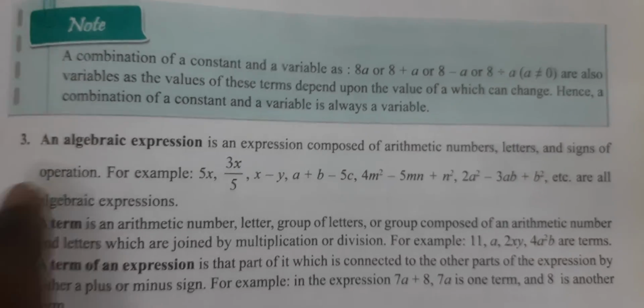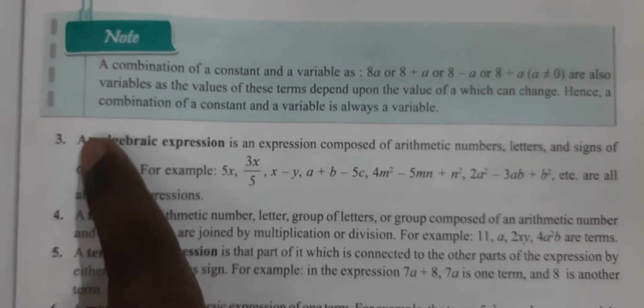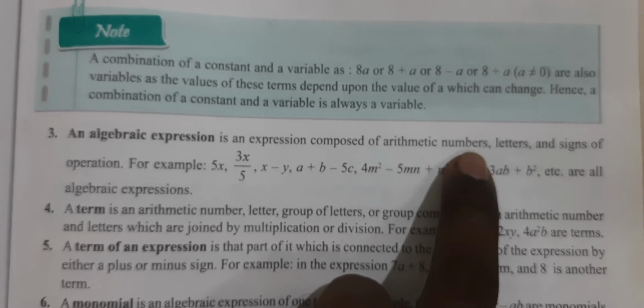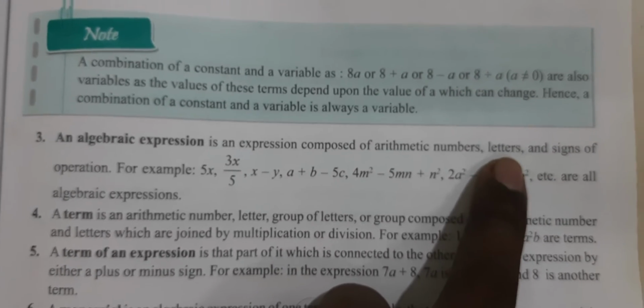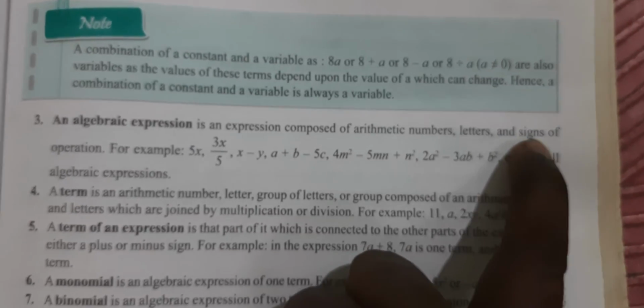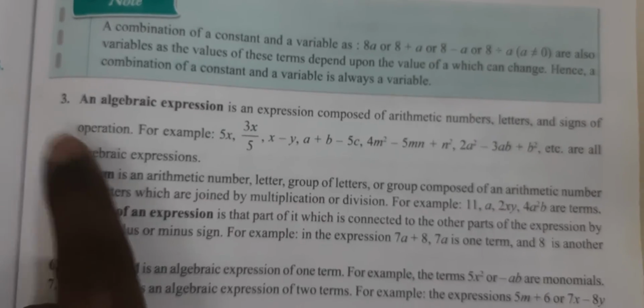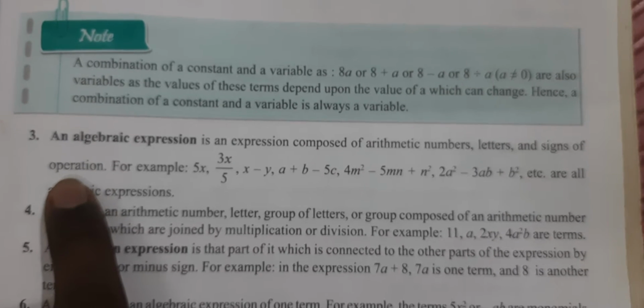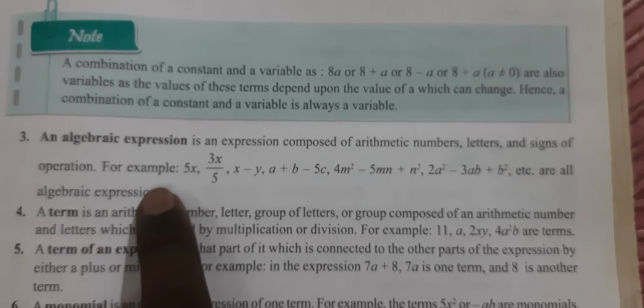So here is the definition of an algebraic expression. An algebraic expression is an expression composed of arithmetic numbers, letters, here meaning alphabets, and signs. Which signs I'm talking about? Plus sign, minus sign, multiplication, division, equals to. These signs.